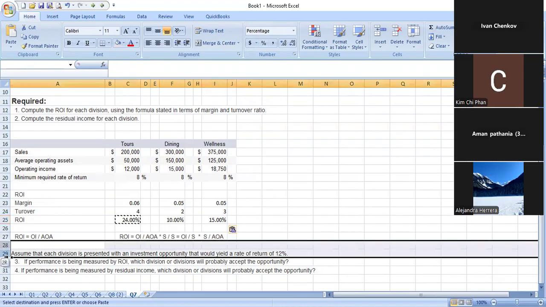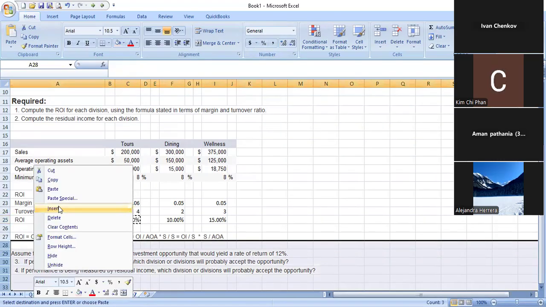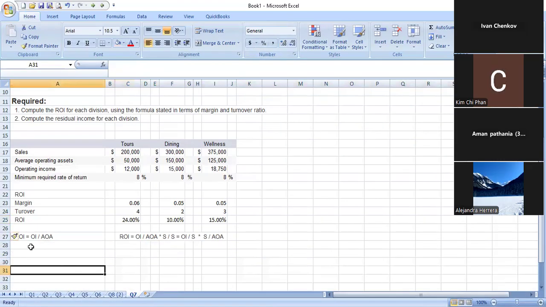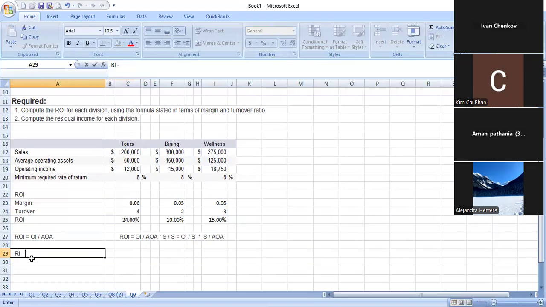So in order to get that residual income, we have to remind ourselves what residual income was. Residual income is the actual income minus expected income.